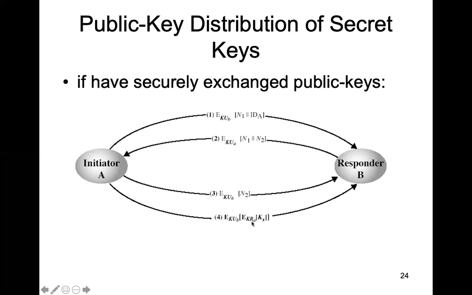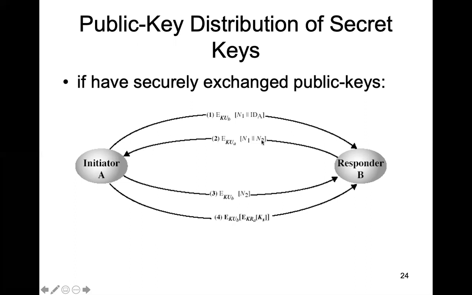R is supposed to be the private key, and the subscript over here determines whether it's Alice or Bob. So Alice could send over to Bob a random nonce N1 together with her identity, the whole thing encrypted with Bob's public key, and then Bob responds to Alice with another nonce N2.